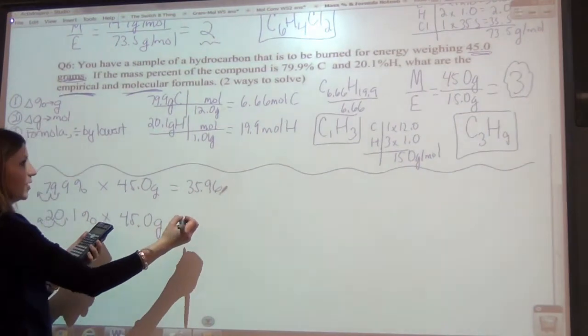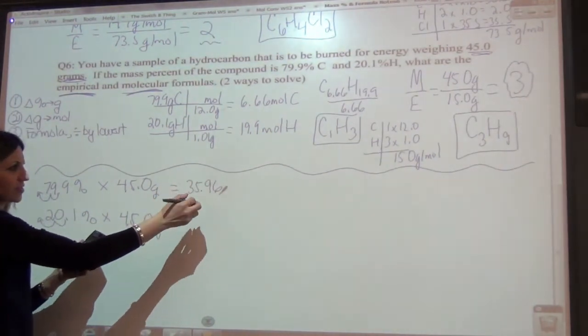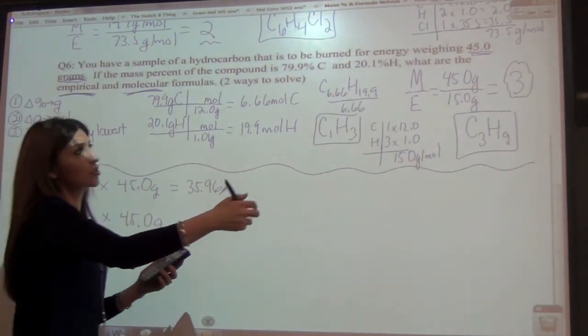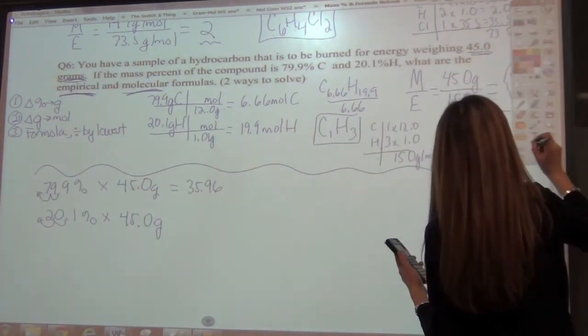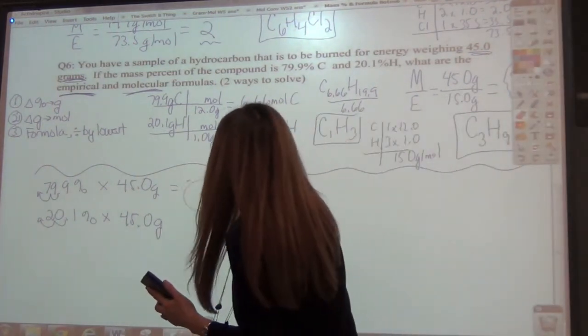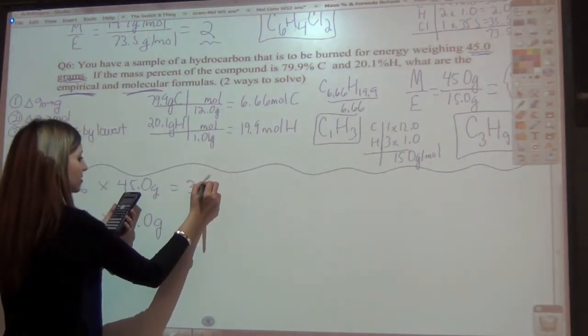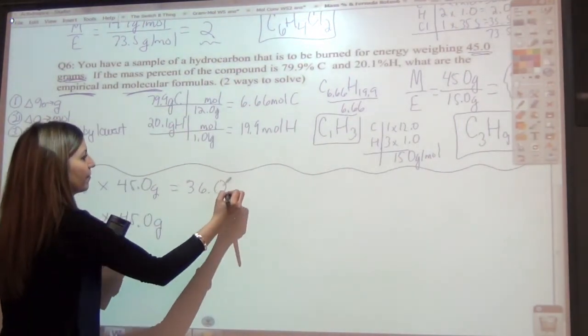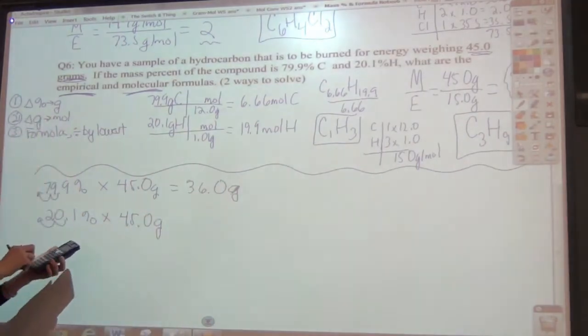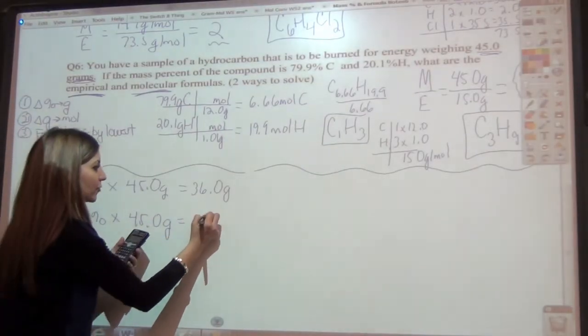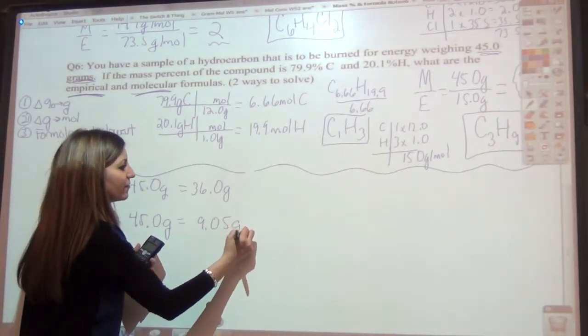So I'm going to write 35.96. If we wrote 36.0, that's good too. As many sig figs as you go out is actually fine. I'll make this 36.0 just to correct the sig figs. 36.0. And that's grams. Okay, and then when we multiply these together, we get 9.05 grams.